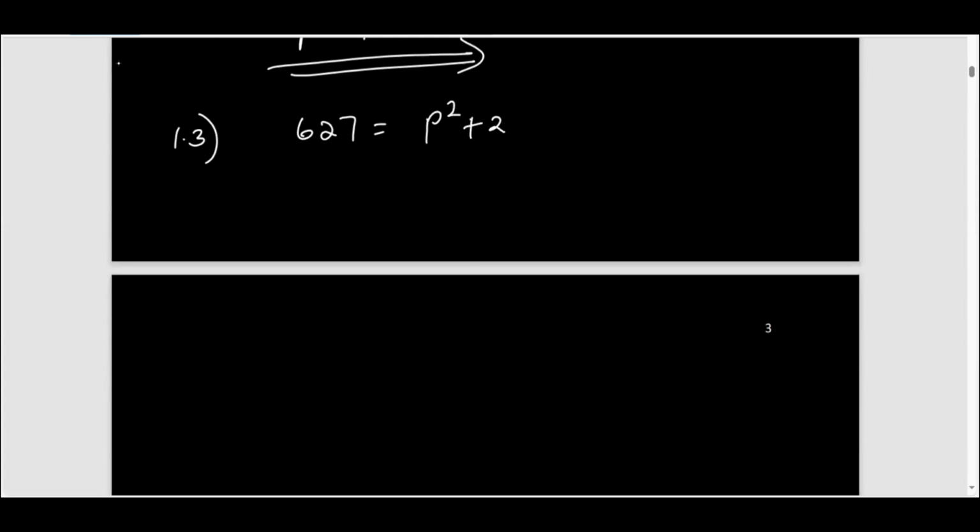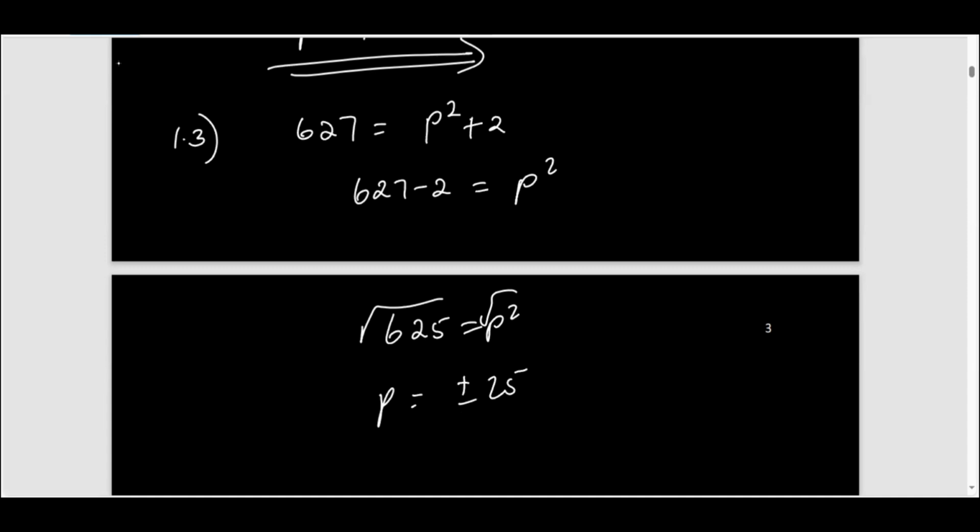Then I can move the 2 that side, so that I have 627 minus 2 is equal to p squared. That becomes 625 is equal to p squared. Then I can find the square root. So the square root of 625 should be 25. Yes, it's plus or minus 25.